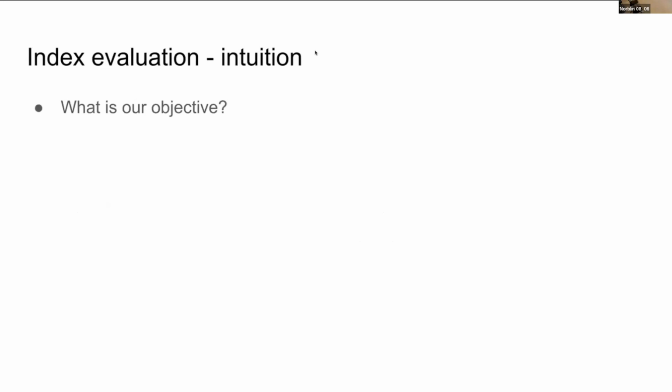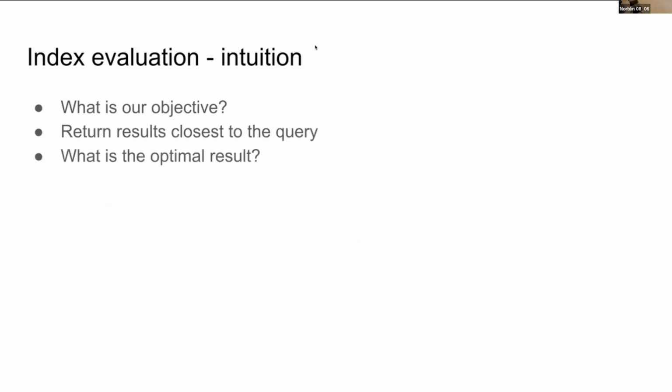So let's say that we are building an approximate nearest neighbor solution. What is our objective? Well, our objective is that we want to return results that are closest to the query. And what is the optimal result, the absolute best that we can achieve? These results are called true nearest neighbors. These are the results from our exact search, because exact search returns the exact results, as the name suggests.